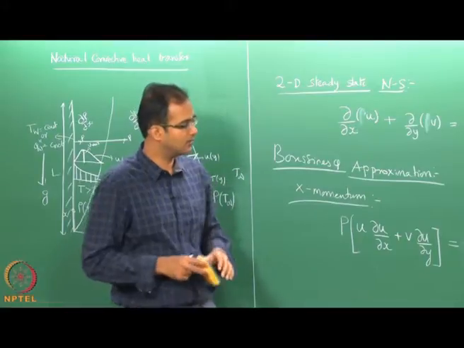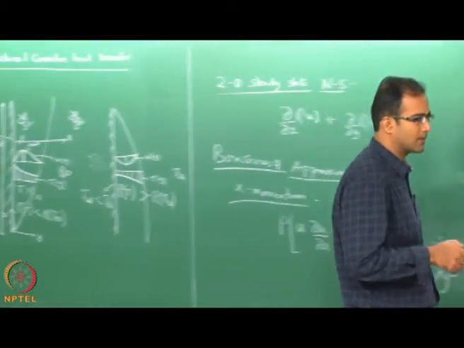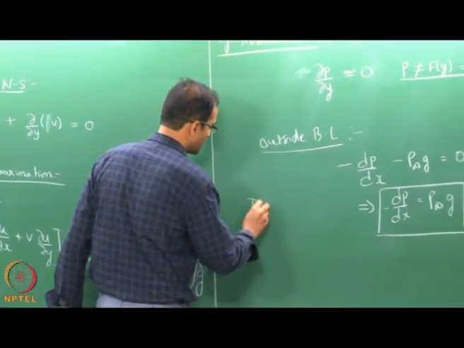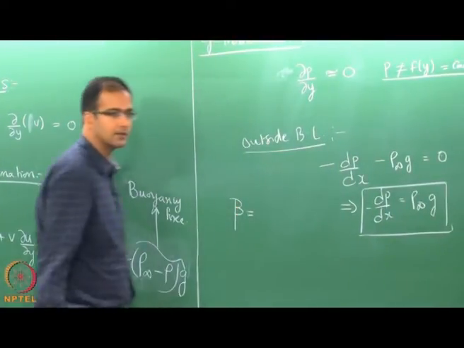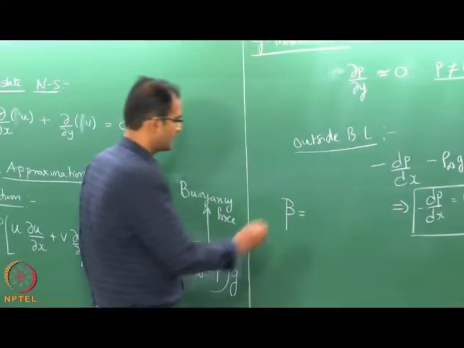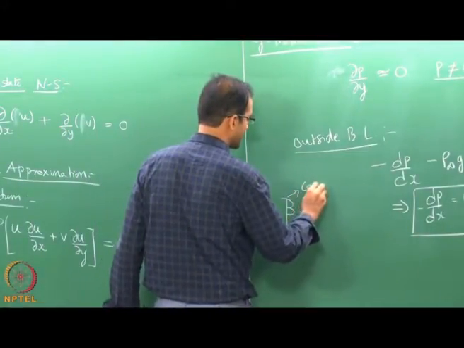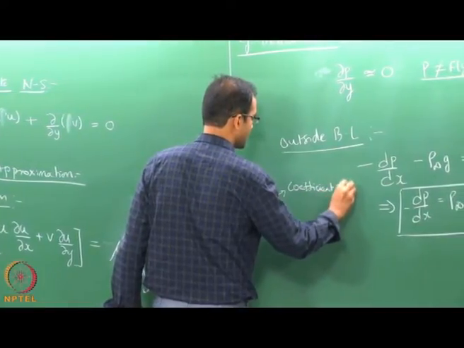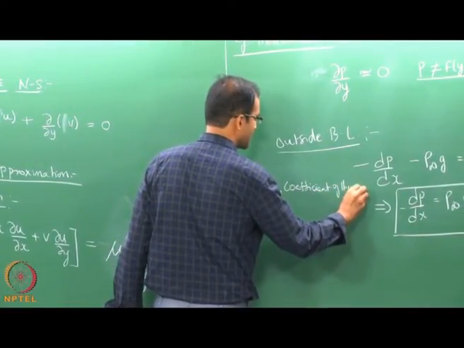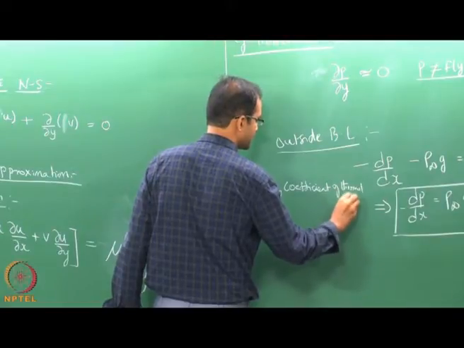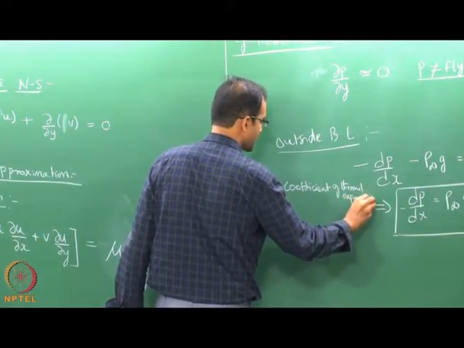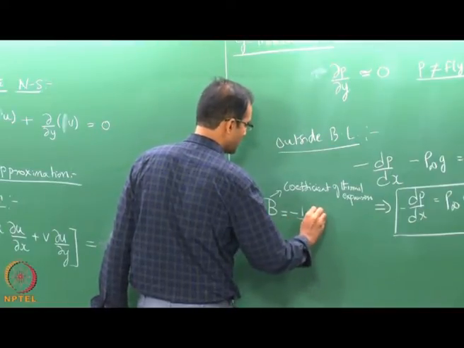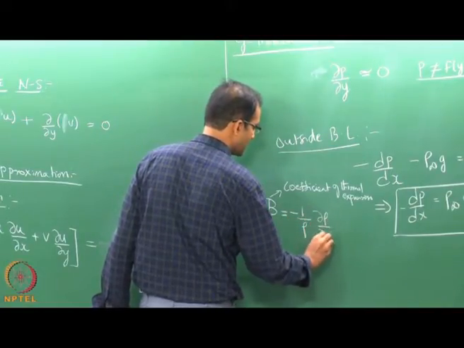So, to invoke the Boussinesq approximation, we will define the coefficient of thermal expansion, beta. So, this is written as minus 1 by rho d rho by dT.